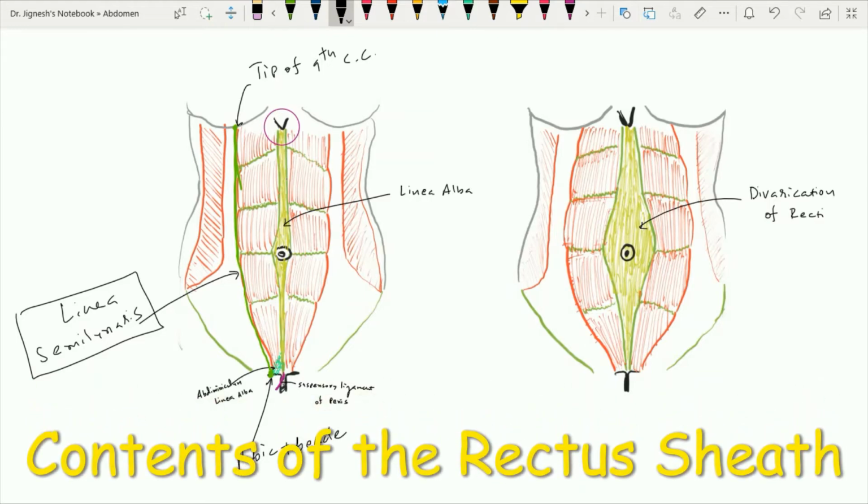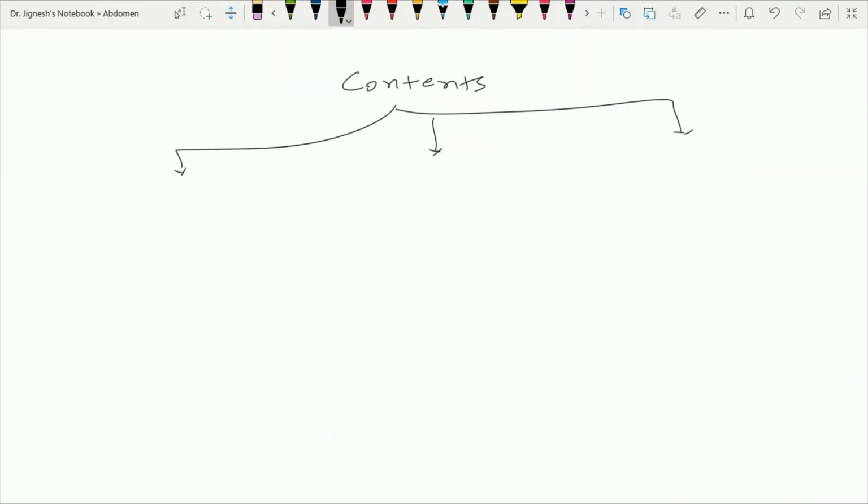Now we are going to see the contents of the rectus sheath. When we see the contents of the rectus sheath, there are three major types of contents: muscles, vessels, and nerves. In case of muscles, we have already discussed two muscles: the rectus abdominis muscle and the pyramidalis muscle.